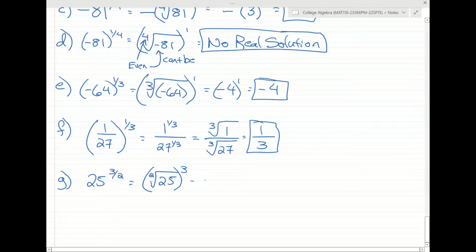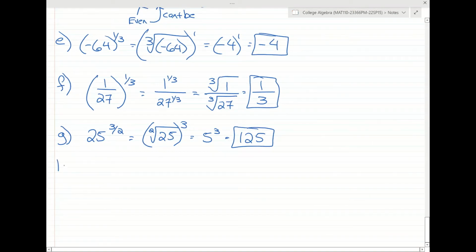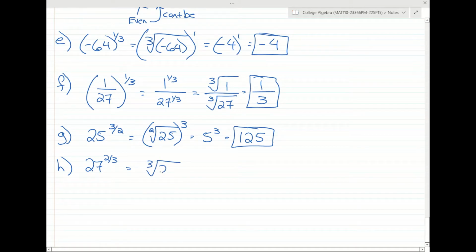Square root of 25 is 5. 5 to the 3rd is 125. 27 to the 2/3 means the cubed root of 27 to the second power, or 3 to the second power, which is 9.